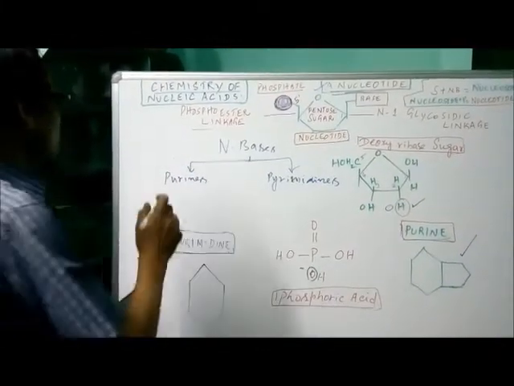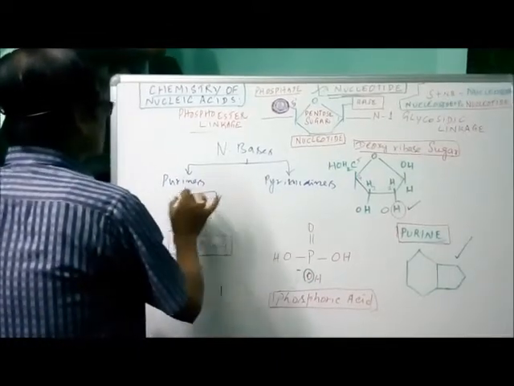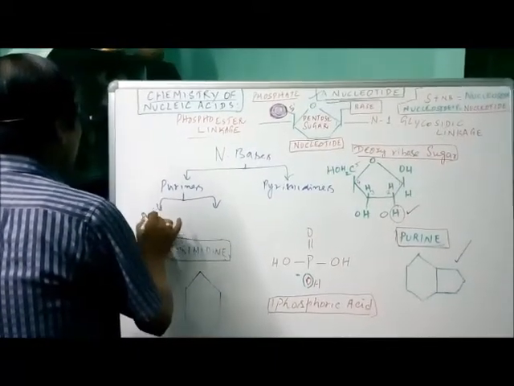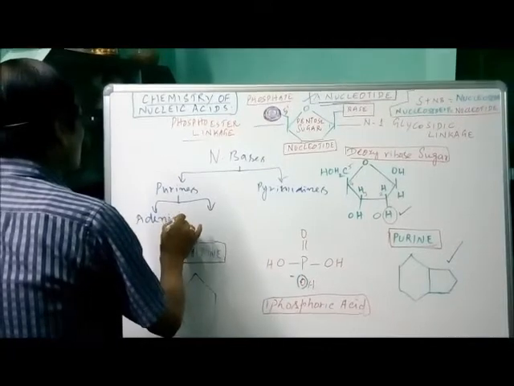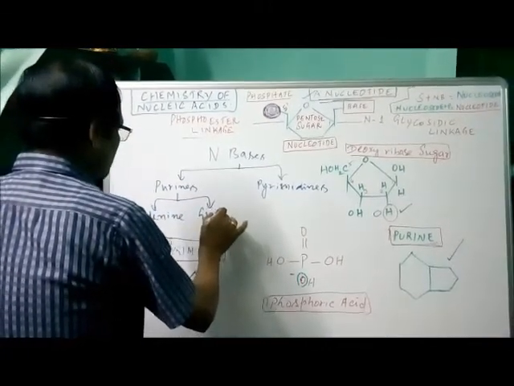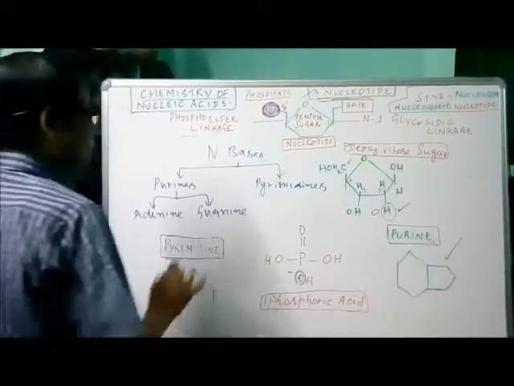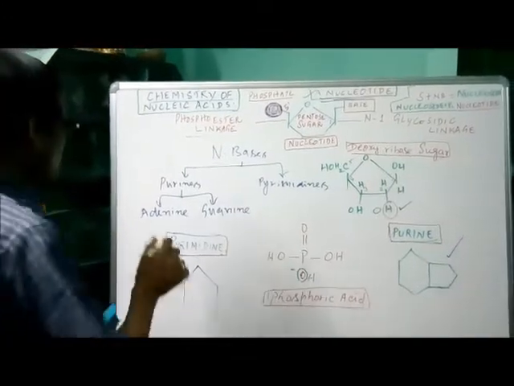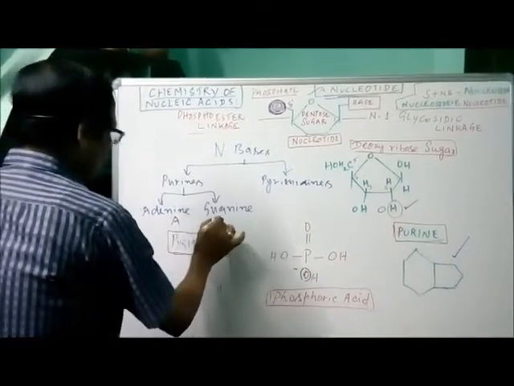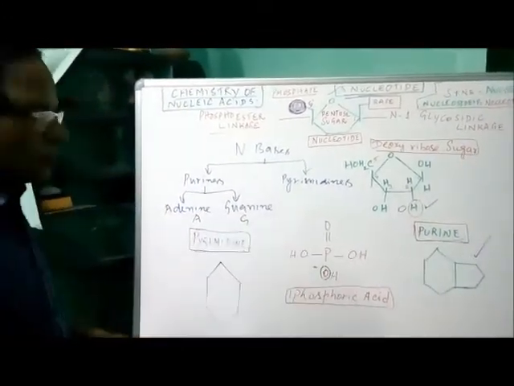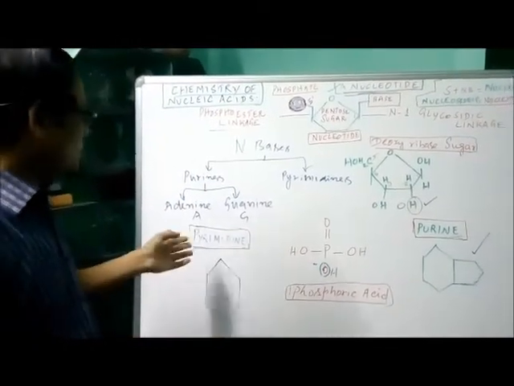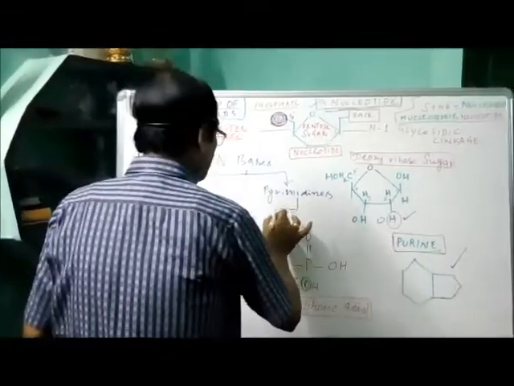Now there are two types of purines: one, adenine, another, guanine. While representing them in the chain, we use the letters A and G, referring to adenine and guanine. So these are the two types of purines. And pyrimidines, we have three types.